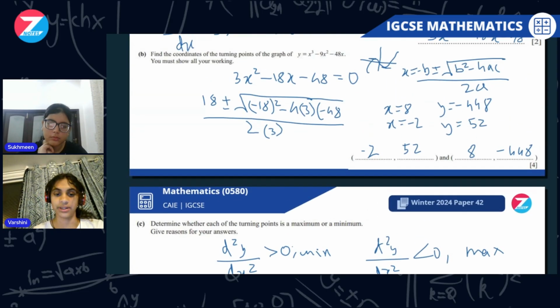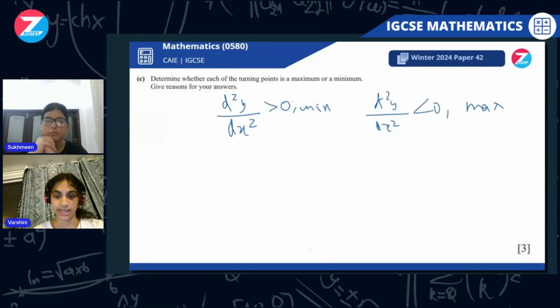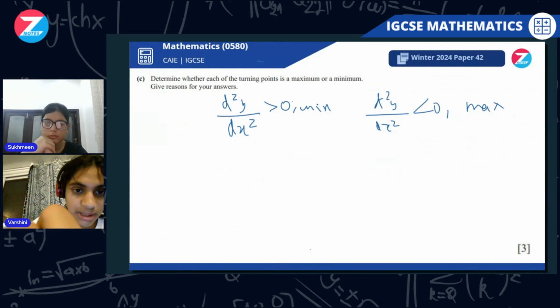Okay, so now to find the second derivative, we just have to differentiate our initial derivative, which we already did up here: 3x squared minus 18x minus 48.